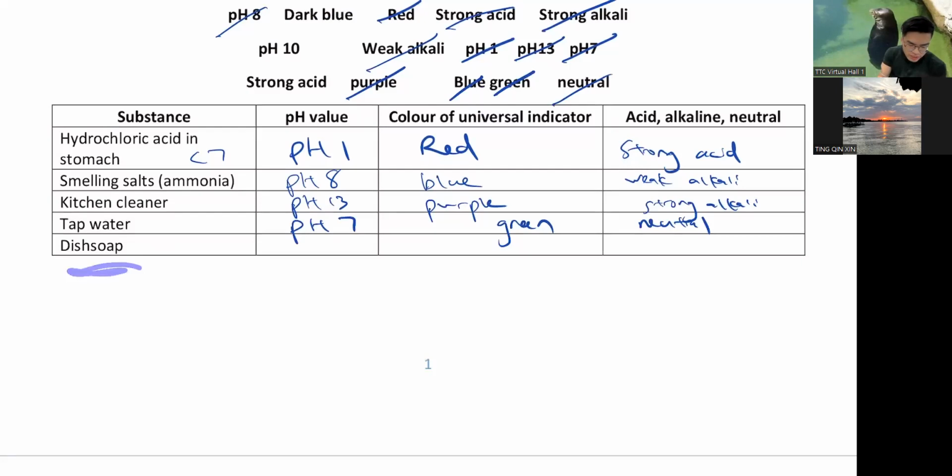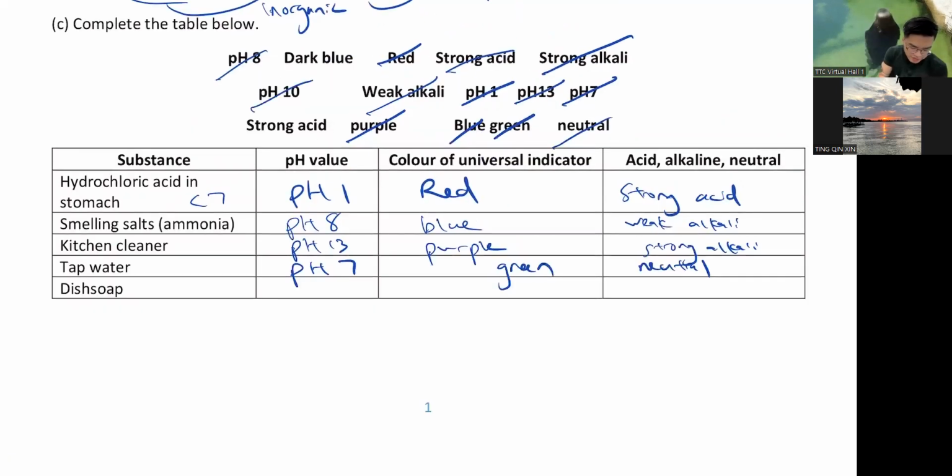OK, anyway, so dish soap. Dish soap is pH 10 definitely. OK, 你洗碗的肥皂是 pH 10，I mean not until 13 啦，它不用到这样 strong，13 is too strong.